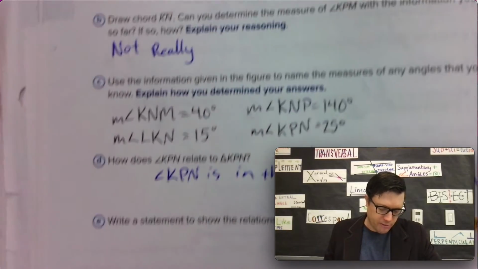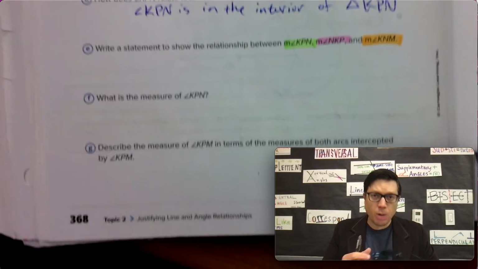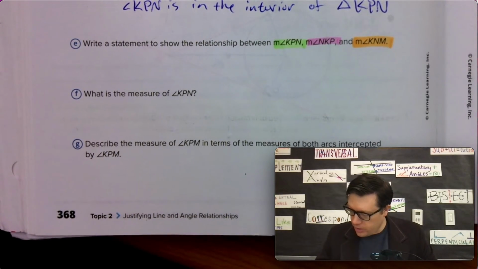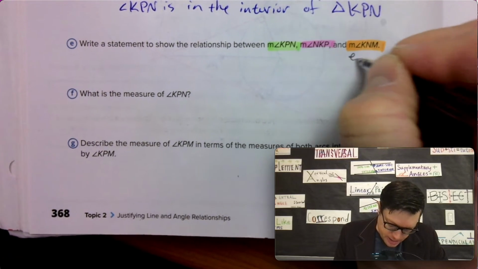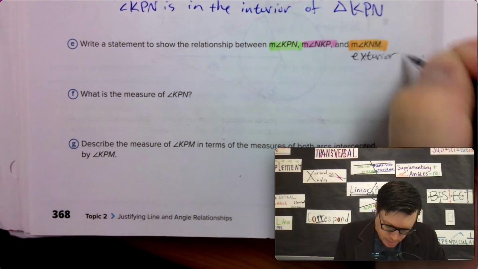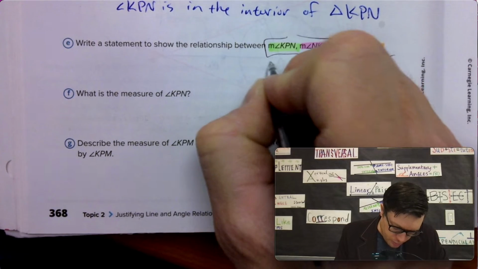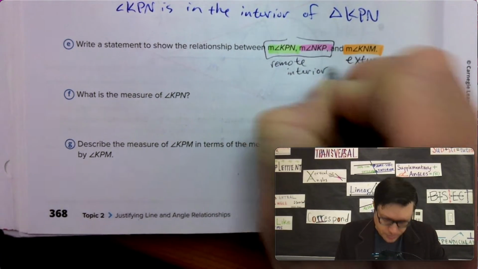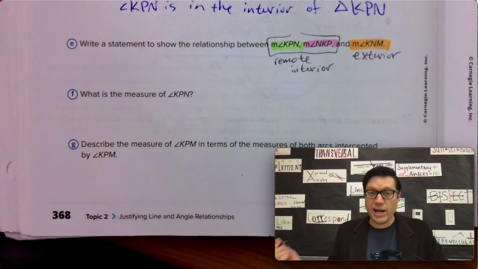So that's what I'm going to write down for part E. I'll bring in some highlights, and I want to acknowledge orange is the exterior angle. So maybe put a little exterior here. Exterior. And these two are the remote interior angles, of course. So writing our statements.